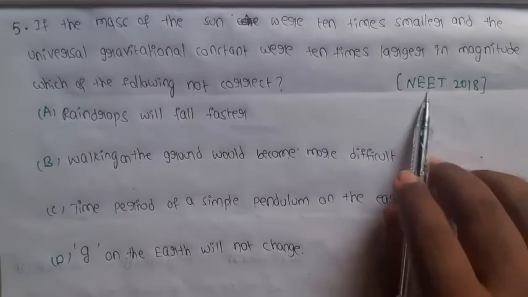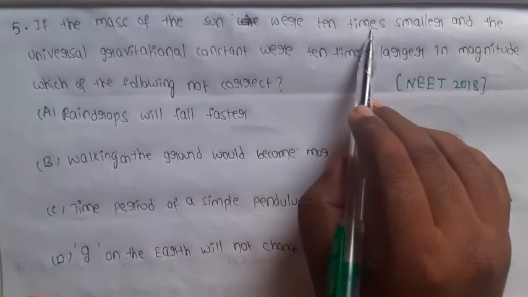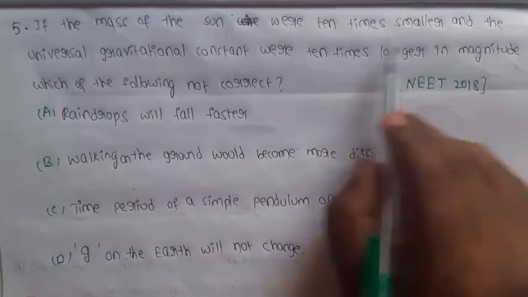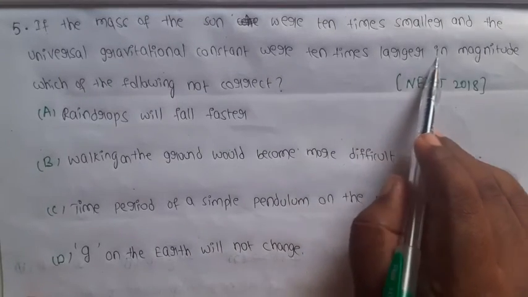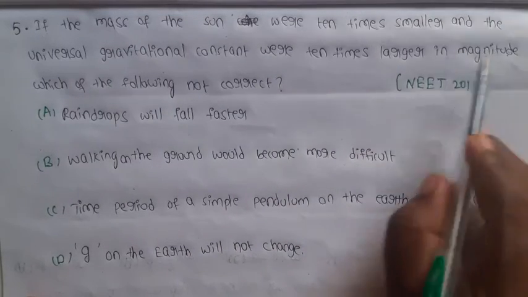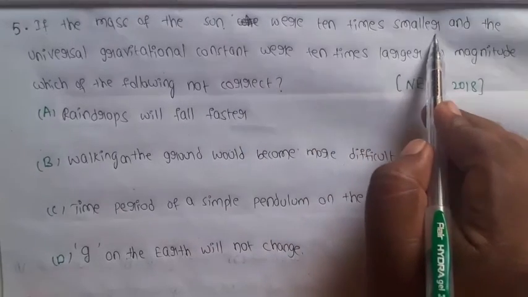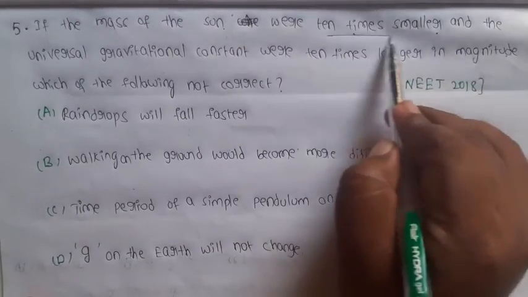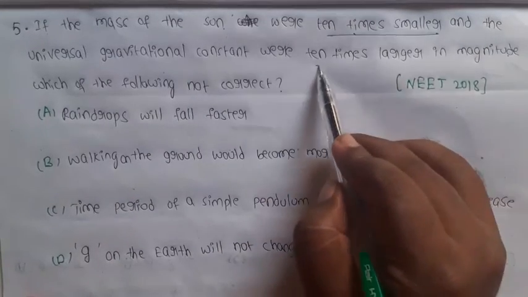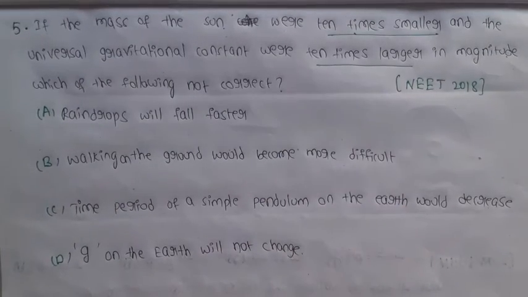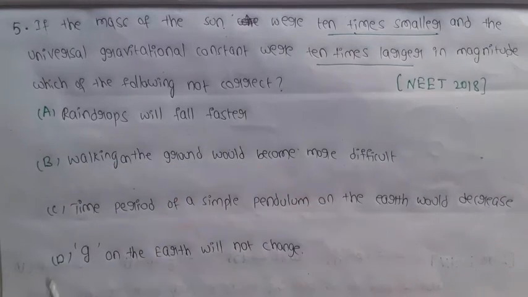Next question from NEET 2018. If the mass of the Sun were 10 times smaller and the universal gravitational constant were 10 times larger in magnitude, which of the following is not correct?